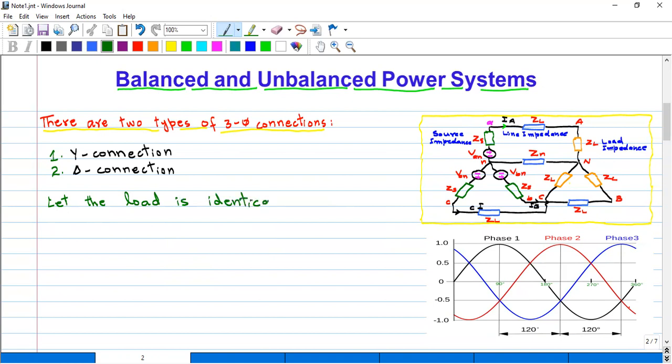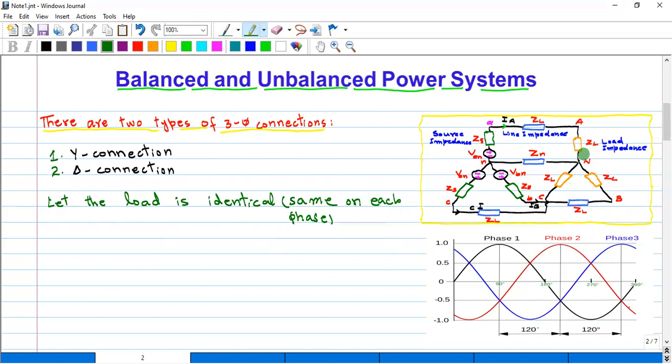Identical means the value of the load is the same on each phase. So let's suppose the load on the three-phase power system, connected in Y form, is identical.